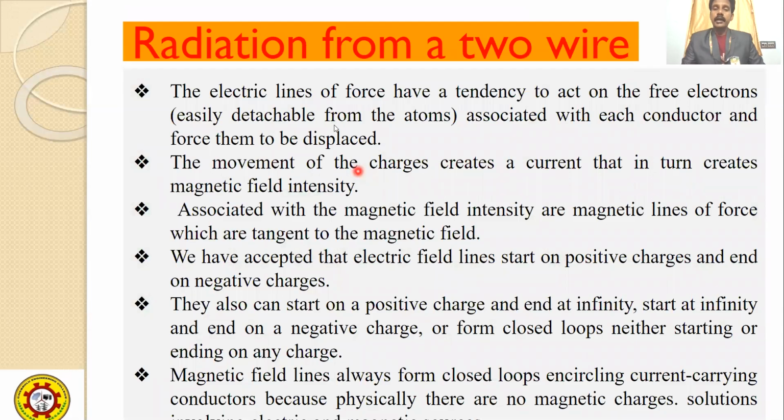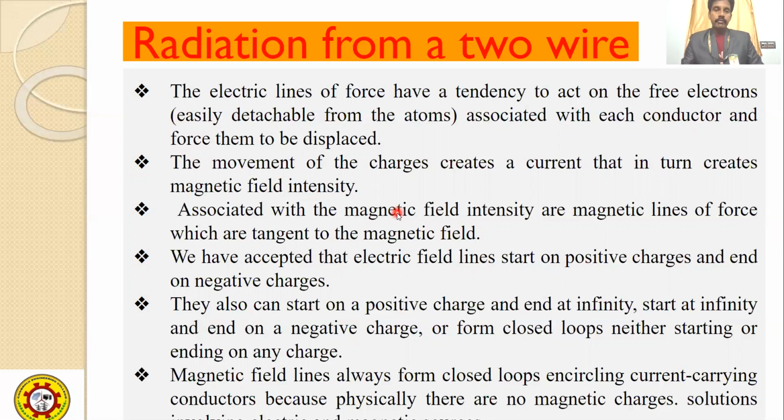Suppose at this point the electrical field is in the tangential direction. These electrical lines of force act on free space electrons, exerting force on them, and they are able to displace them. This movement of charges creates a net current. That current is associated with the electrical field lines.